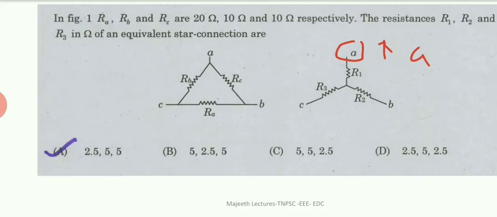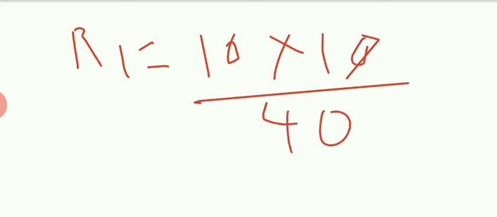Node B, RA and RC are coming. Node C, RB and RA are coming. So first we take node A, RB and RC are coming. RB is 10 ohm, RC is 10 ohm. So 10 into 10, 100 divided by total 40. So R1 is equal to 10 into 10 divided by 40. So 100 by 40, it is 2.5.